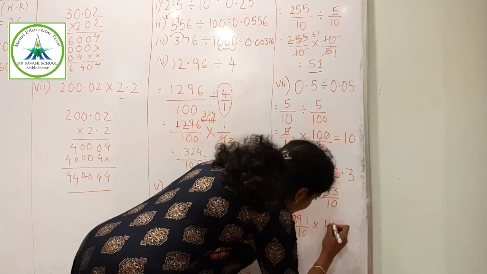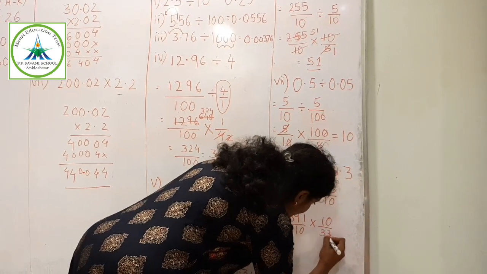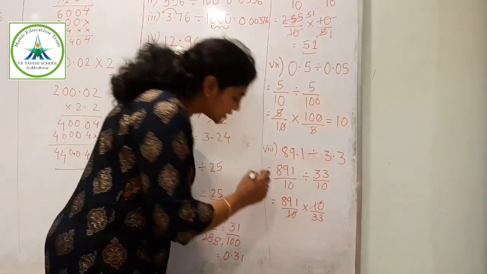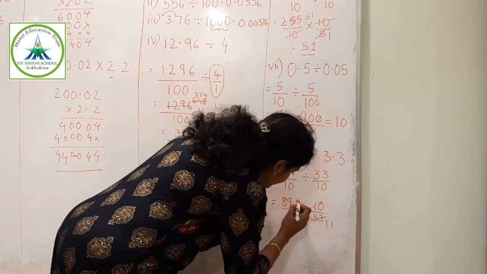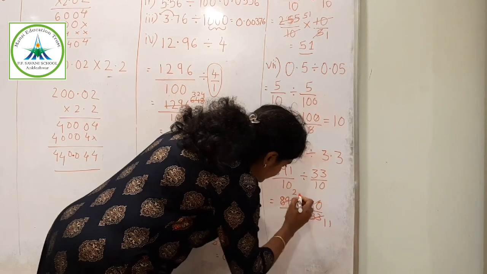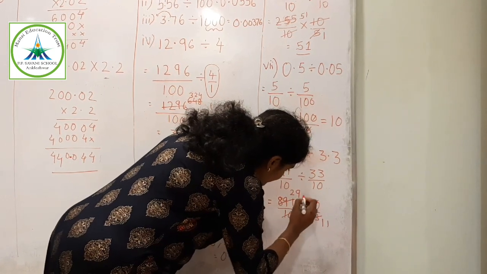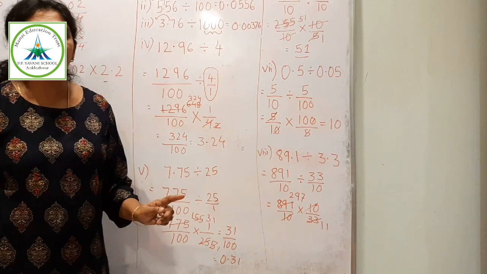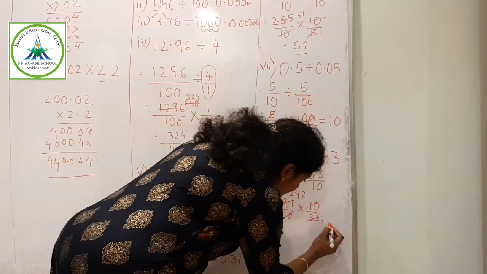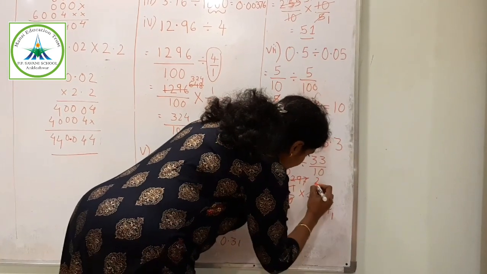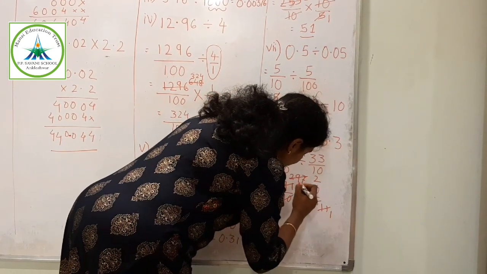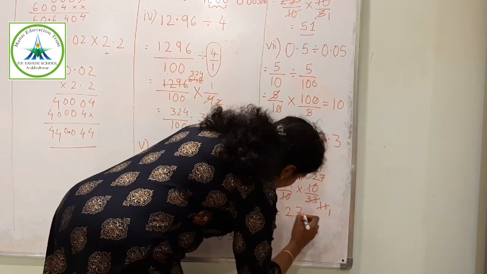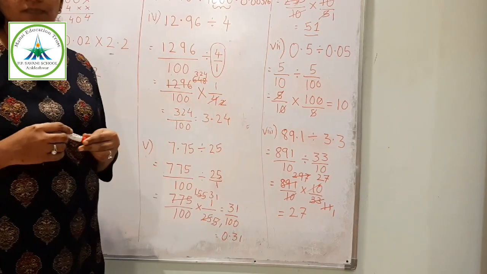So into 10 by 33. 10 will get cut. Now it goes by 3, 11, 3 2s are 6, 3 9s are 27, 297. Now 297 divided by 11. It will go by 11. 11 2s are 22, so this will be 27. Your answer will be 27.